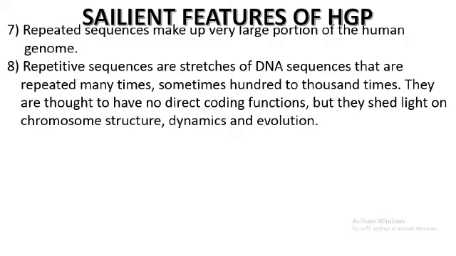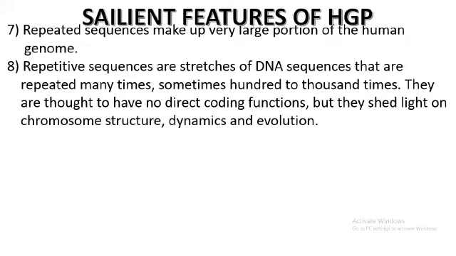Then why are they still present? That's a very big question. Their presence is required to understand the structure of the chromosome. That is very important to understand the functioning of the chromosome, because you know that humans contain 30,000 genes. All genes will not function simultaneously.